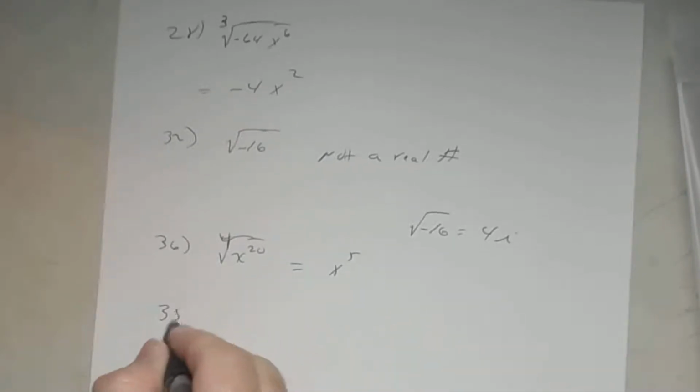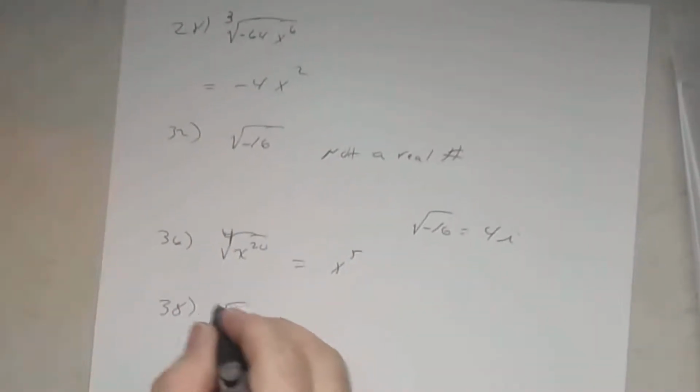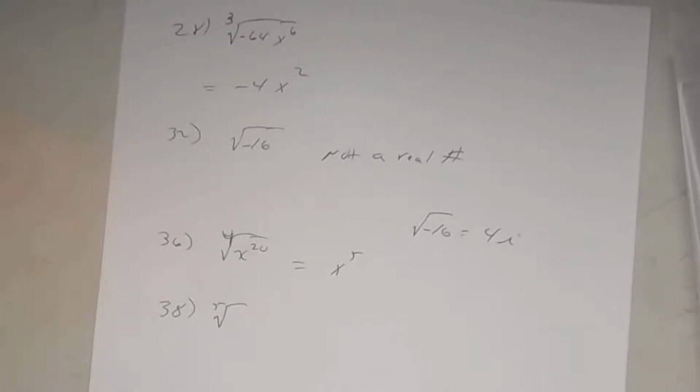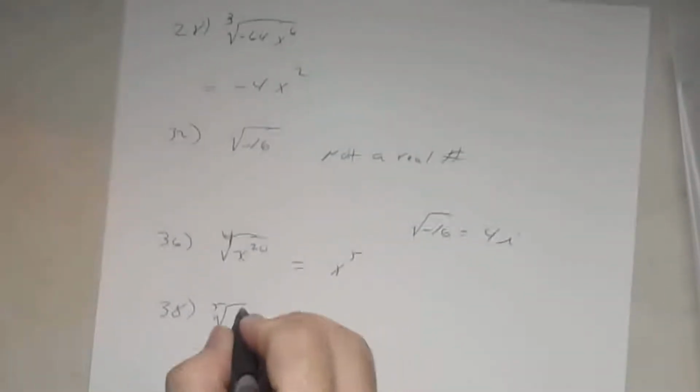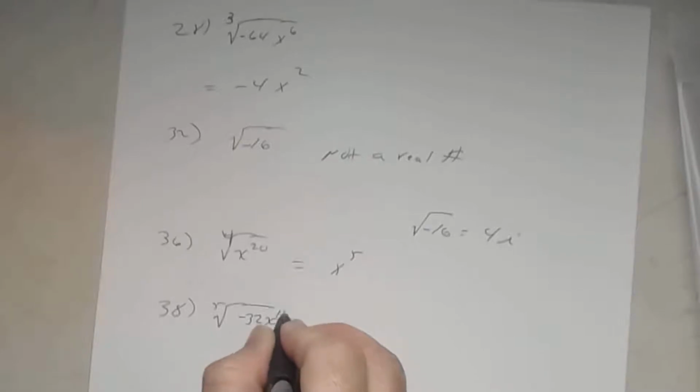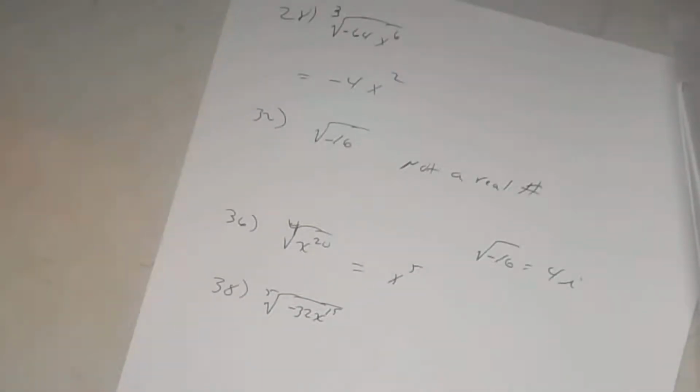Number 38. The fifth root of negative 32 x to the 15th. First of all, what's the fifth root of negative 32? What times itself 5 times is negative 32?